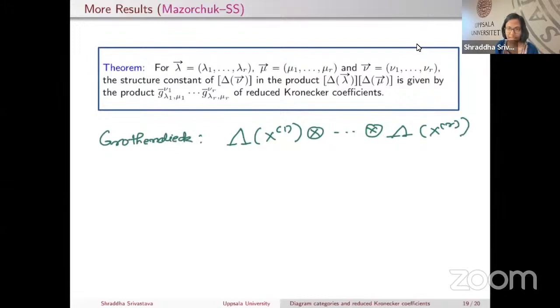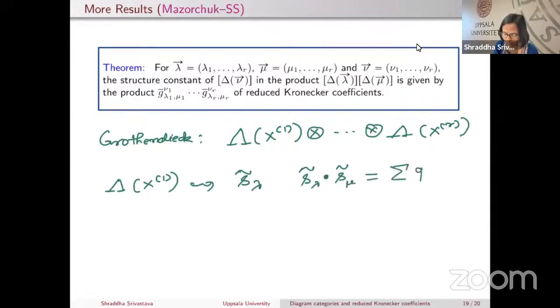And the ring of symmetric functions has some non-homogeneous bases, those deformed Schur functions such that their ordinary tensor product, just as you multiply polynomials, is the reduced Kronecker.